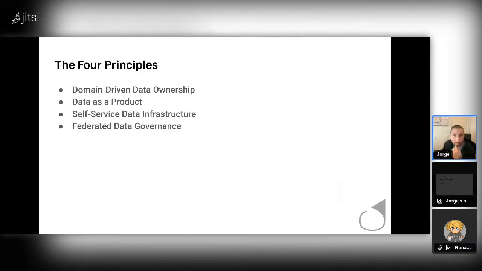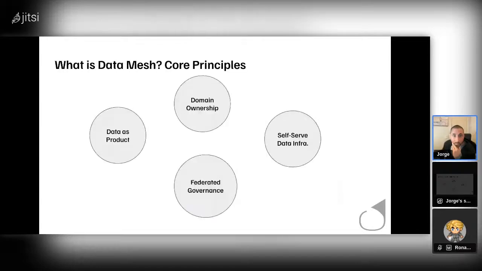The 4 principles of a data mesh. As you can see by my dots here, imagine each department like marketing, sales, or customer support owns its own data instead of relying on a central IT team.